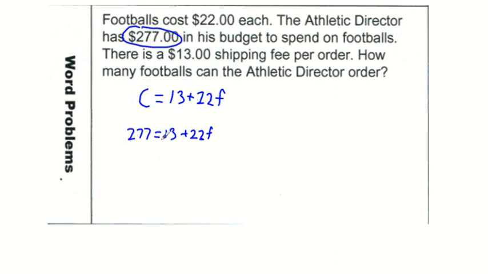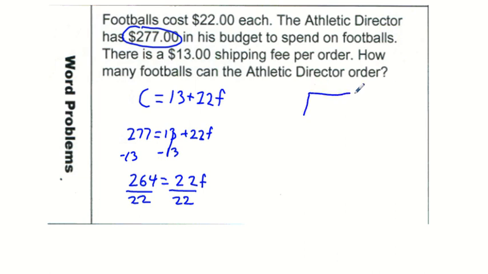In this equation, the first thing we can do is subtract 13 from both sides of the equation. 277 minus 13 is 264, so 264 equals 22F. Then if we divide both sides by 22, we should get our number of footballs.